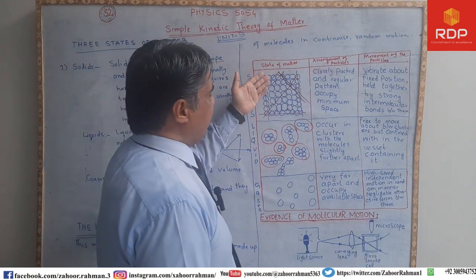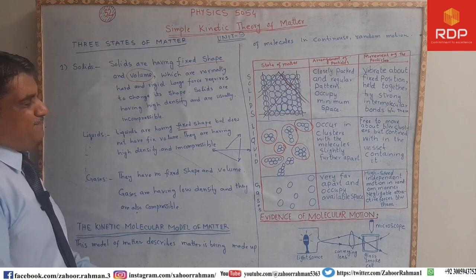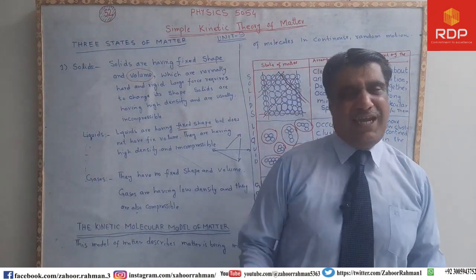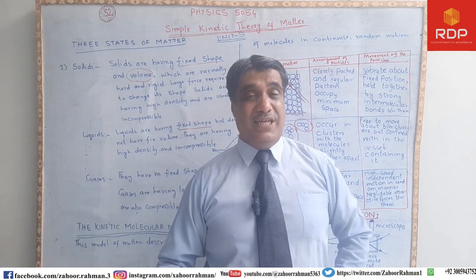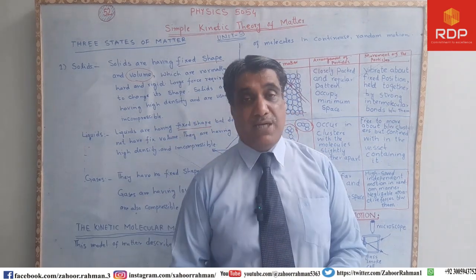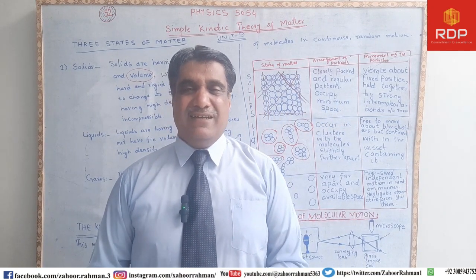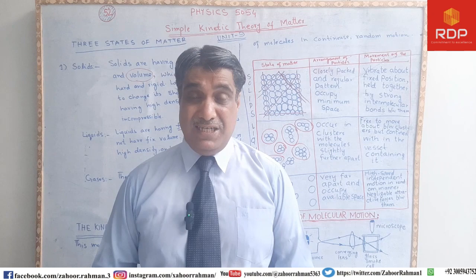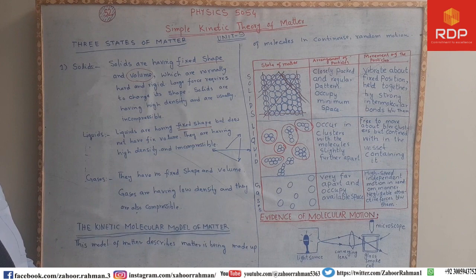People are explaining these things, but nobody confirmed that this is the motion of atom, because atom is a very, very small thing. It cannot be seen even with a very high resolving microscope. So how can a person say that molecules are moving randomly? Robert Brown, an Englishman, performed an experiment.